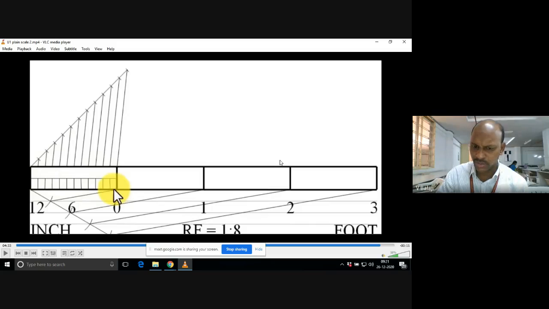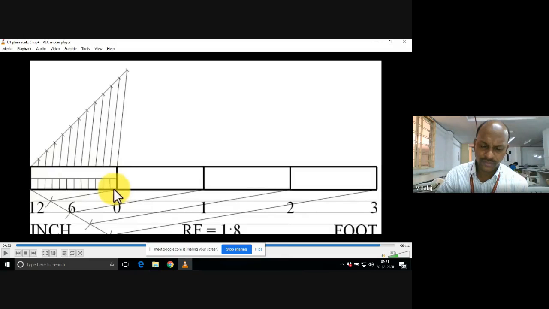Now I will ask you, can you mark with the help of the scale? If I ask you to mark a distance of 2 feet and 7 inches on this particular scale, can you mark? Anyone? How to mark 2 feet 7 inches?